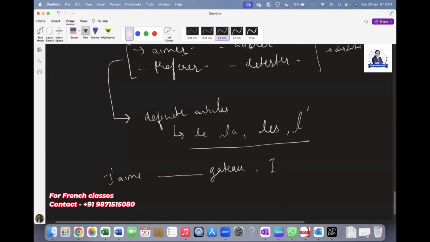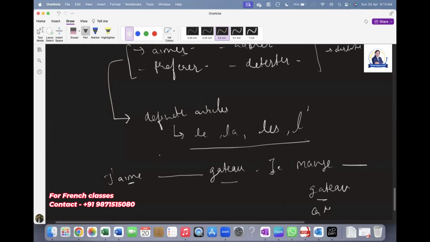Full stop. Je mange dash gâteau. So now there is a food item in both places. Gâteau means cake.